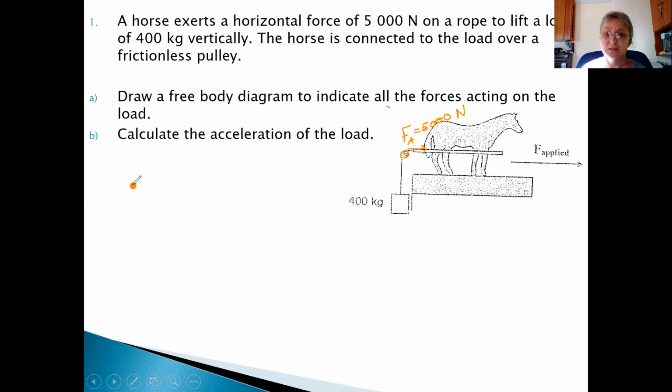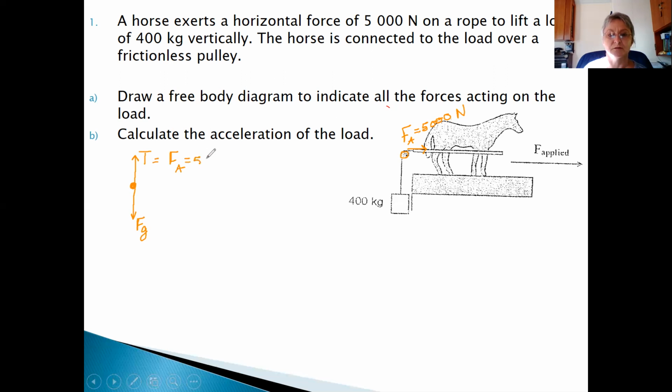So it is step number one that we need to follow. So the load has a gravitational force Fg, and there's a tension up, and that tension is the same as the applied force of 5,000 newtons.